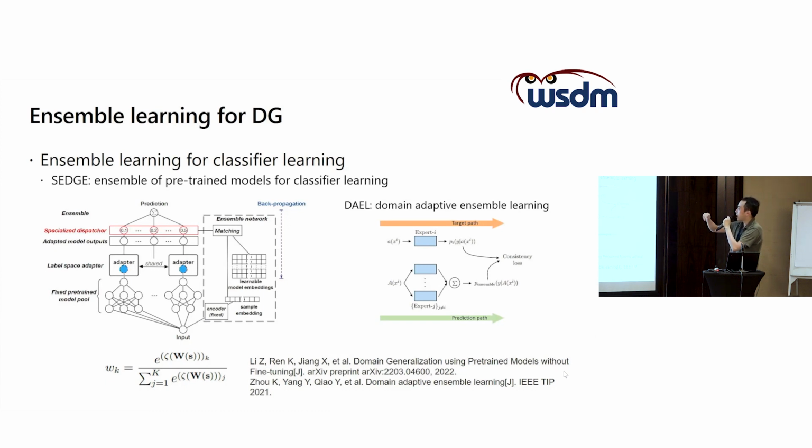So besides this work I just mentioned, we can also apply this by considering data augmentation together with the classifier trained on multiple domains. For example, in this work, the DAEL, they call this domain adaptive ensemble learning.